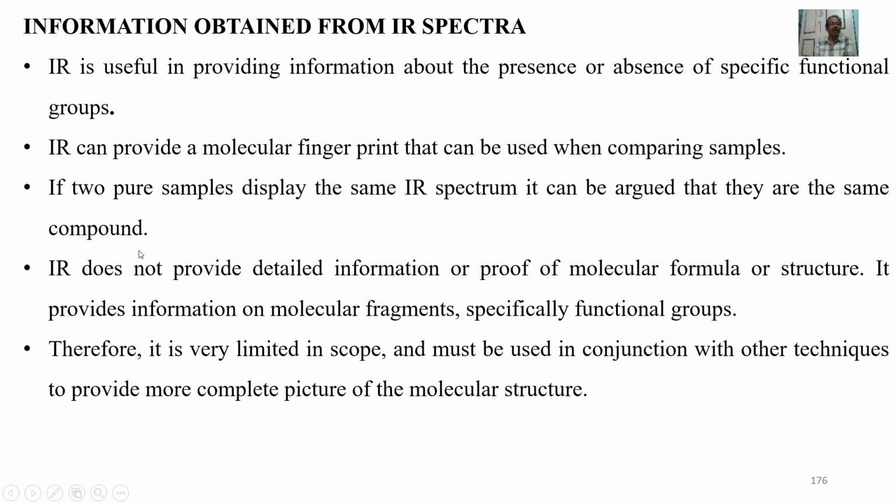IR does not provide detailed information or proof of molecular formula or structure. It provides information on molecular fragments, specifically functional groups. Therefore, it is very limited in scope and must be used in conjunction with other techniques to provide a more complete picture of the molecular structure, for example NMR and other techniques.